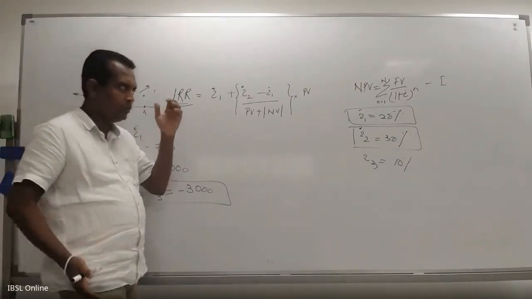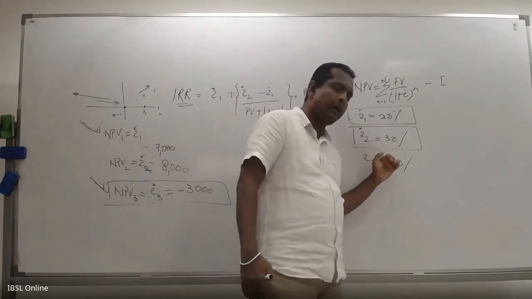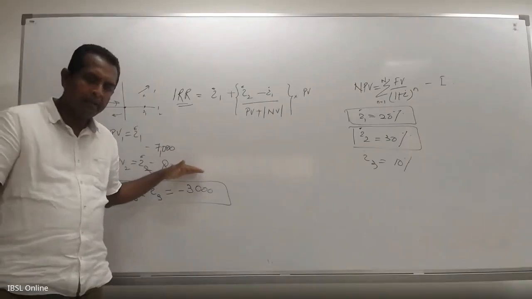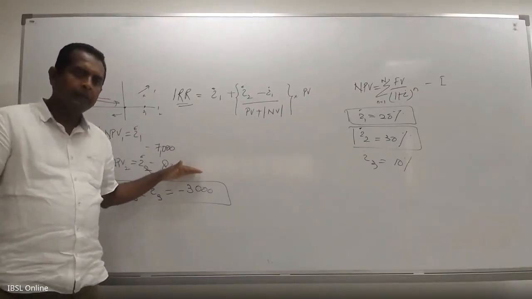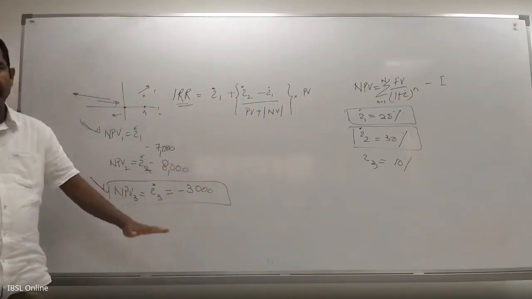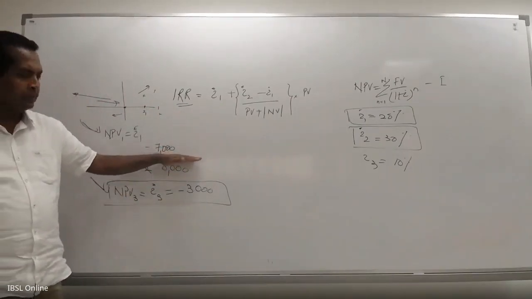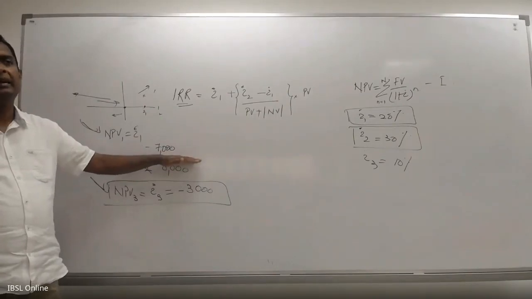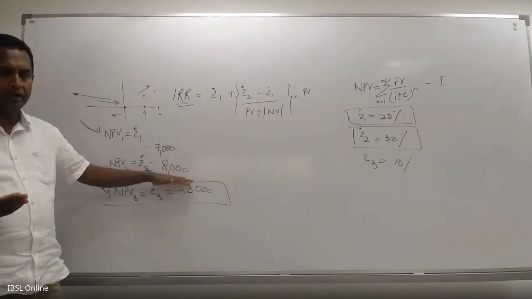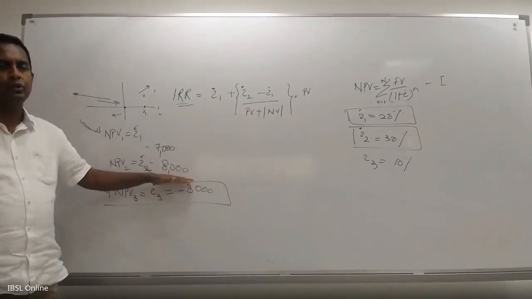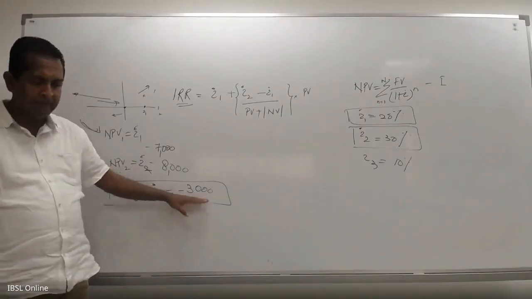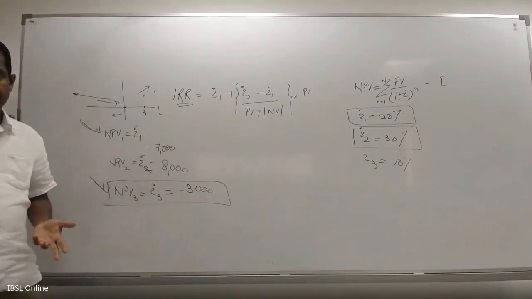Then, if it is 20, you can place a 30, another guess. If it is increasing, that means you are going the wrong way, because you need a positive value and a negative value. If the second rate shows an increased value, you are going in the wrong direction. Instead of 30, you should go below 20. So you put 10. Then if it comes negative, you are lucky.